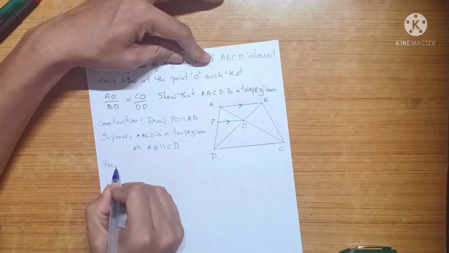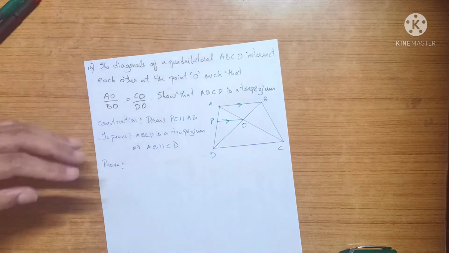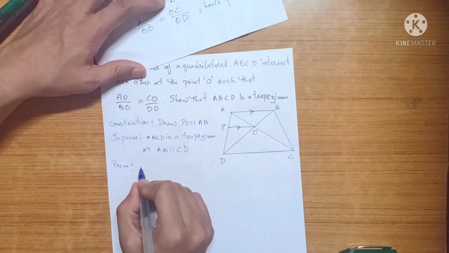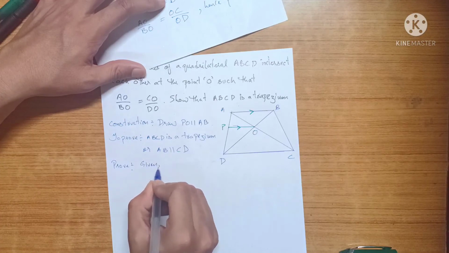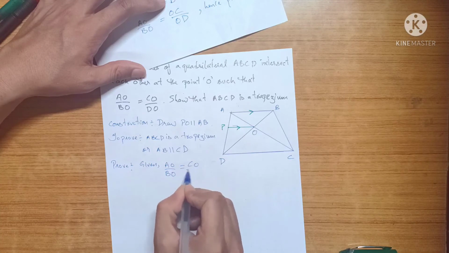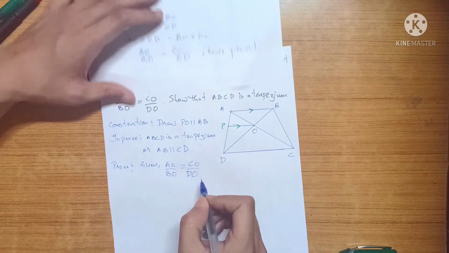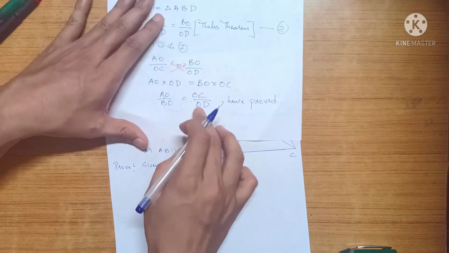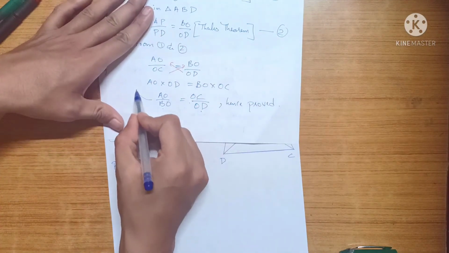So proof. As I've already told you, we're going to go from this back side. They have given us AO by BO equal to CO by DO. This is what they've given us. Before this, what did we do?